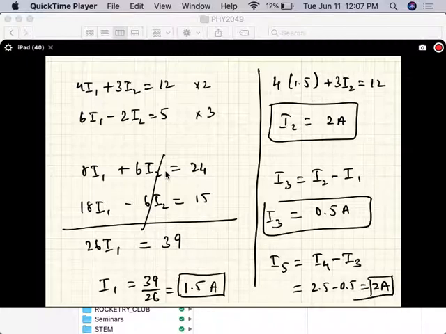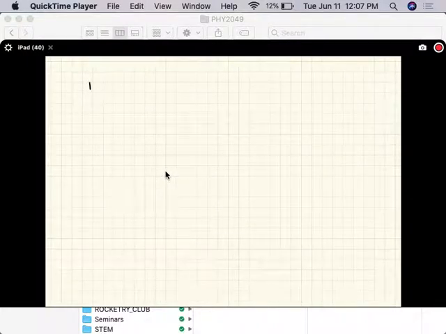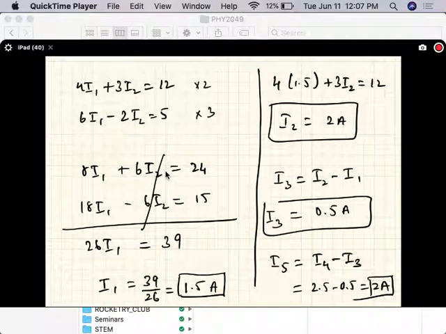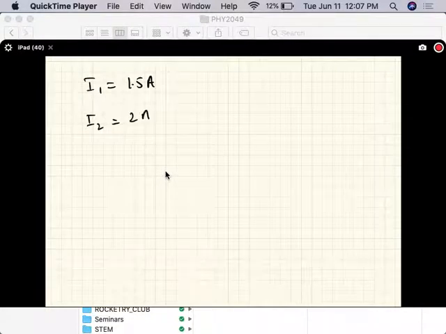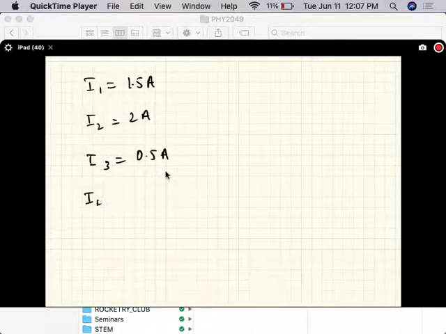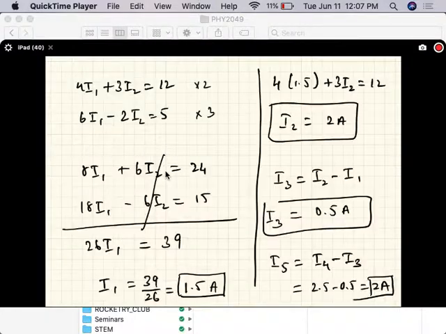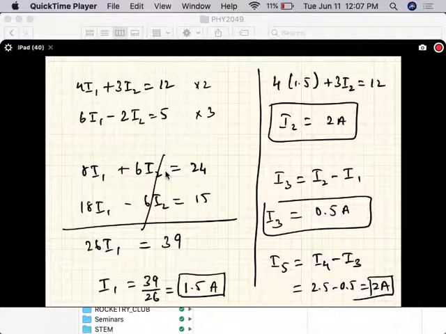Okay, so we have solved this mess of equations. So let me gather all the answers. I1 was 1.5 amps. I2 is 2 amps. I3 is 0.5 amps. I4 was 2.5 amps. And I5 was 2 amps.